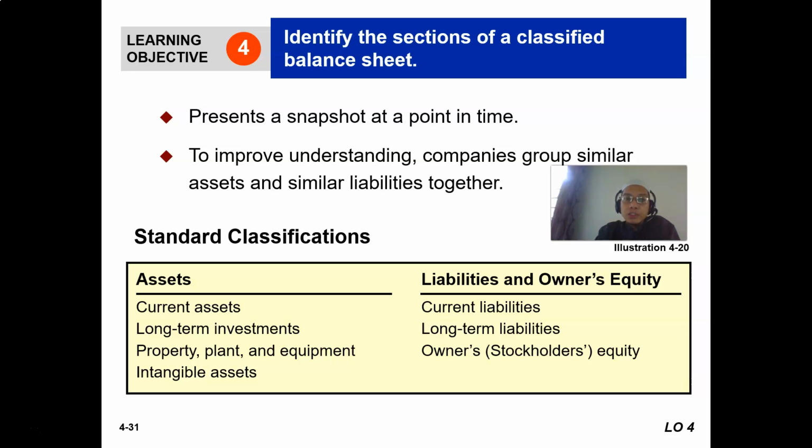Okay, so the balance sheet does not show the performance of the organization for a period of time, but it shows the current standing in terms of asset, liability, and owner's equity at a certain date. Okay, we can understand the components of the accounting equation from the balance sheet.